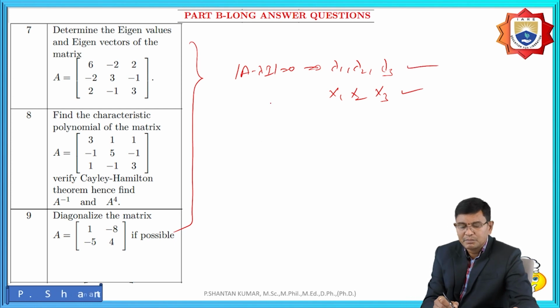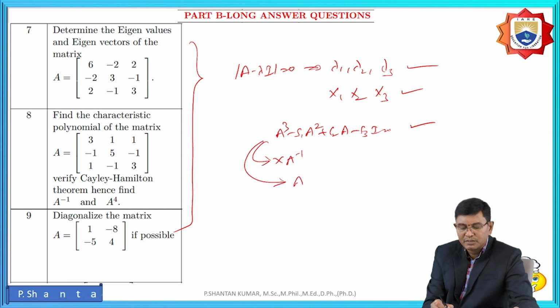A inverse is obtained from A cubed minus s1 A squared plus s2 A minus s3 I is equal to 0. From this equation, we multiply with A inverse and with A, and we get A inverse and A power.